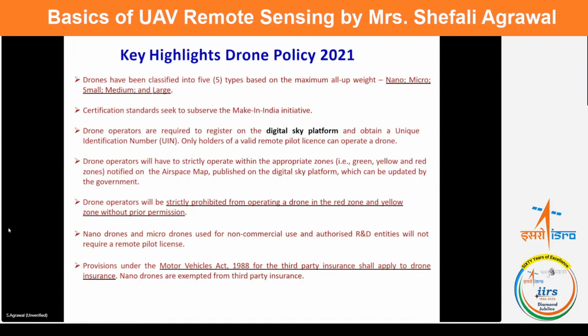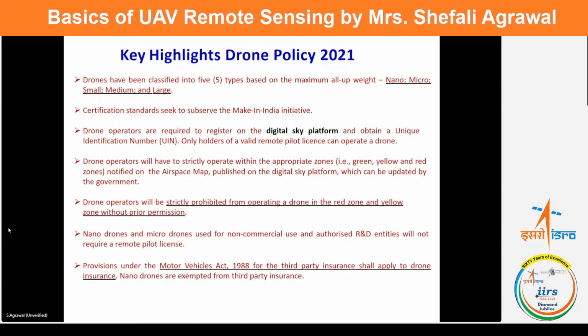And now I'll quickly tell you about the drone rules in India. The drone rules were formulated in 2021 as a drone policy, which provides a legal and operational framework for flying drones in India. These are updated from time to time, and the main aim is to maintain safety, security, and innovation in drone usage.